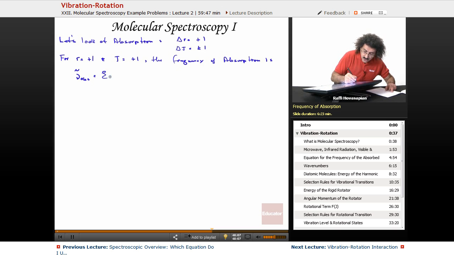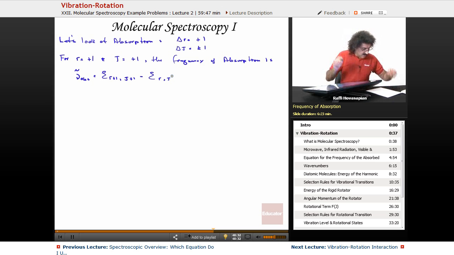Well, it is the energy of the R plus 1, J plus 1 state minus the lower state, which is the energy of the R and J.